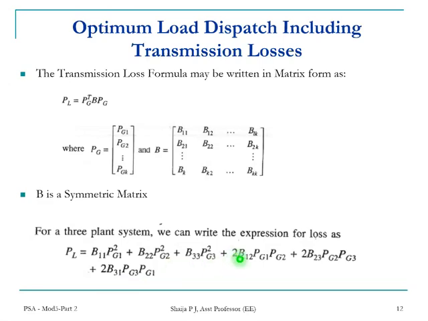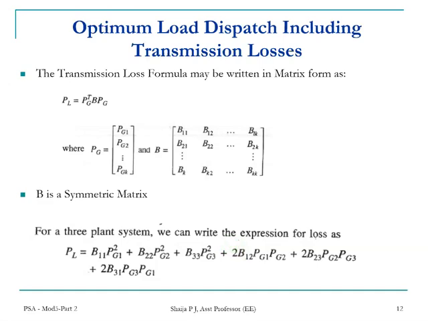Here the term 2 comes because B12 and B21 are the same. B12 from 1 to 2, similarly B21 from 2 to 1, so those terms will be added up. That's why the 2 comes here.